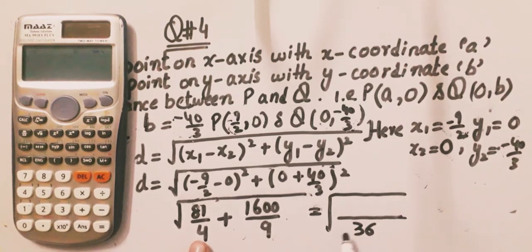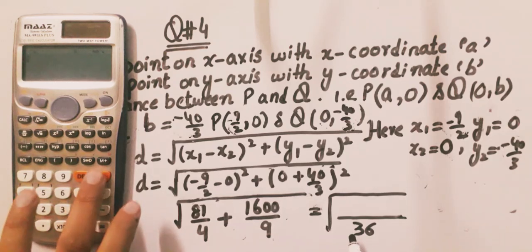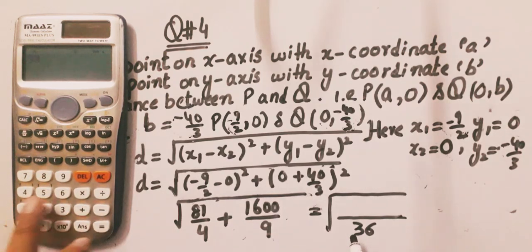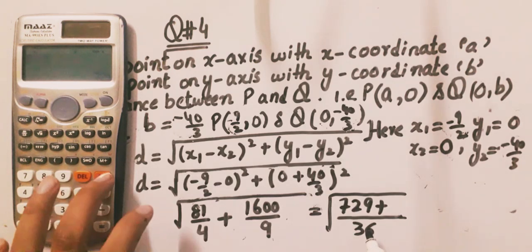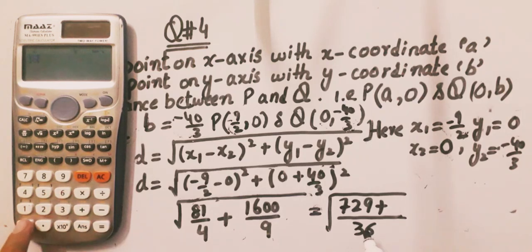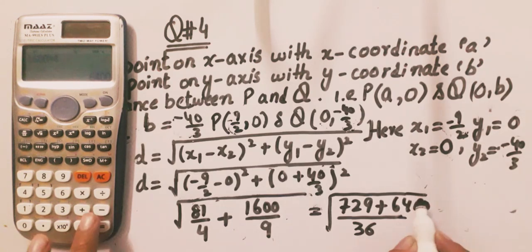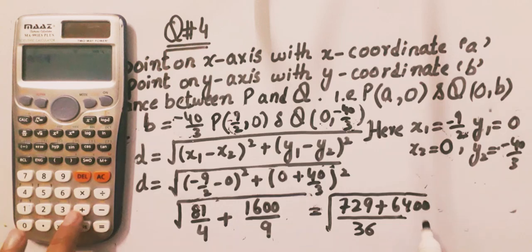So we will solve this. 81 multiply by 9 is equal to 729 and 1600 multiply by 4 is equal to 6400. Now we will add this.